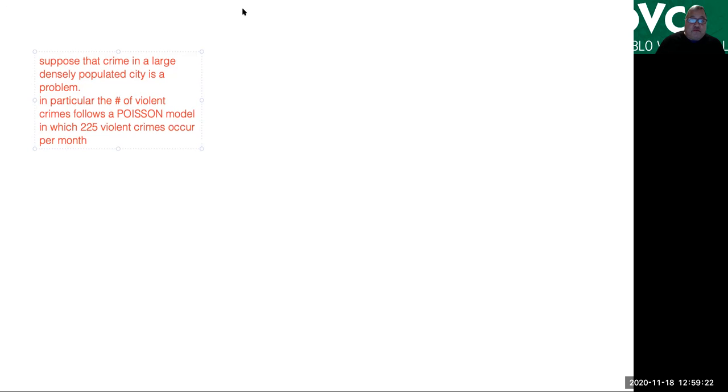So what do we know from that particular model? What we know is that the mean of the Poisson is 225 violent crimes per month.